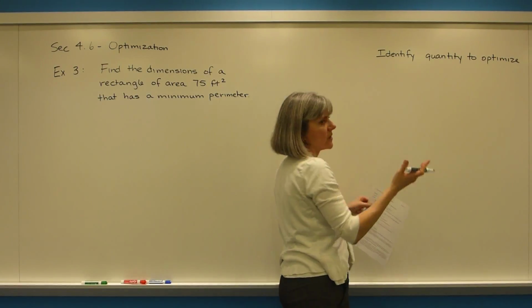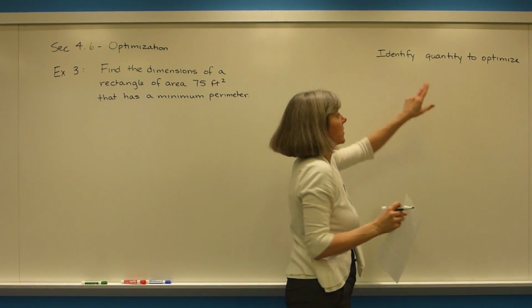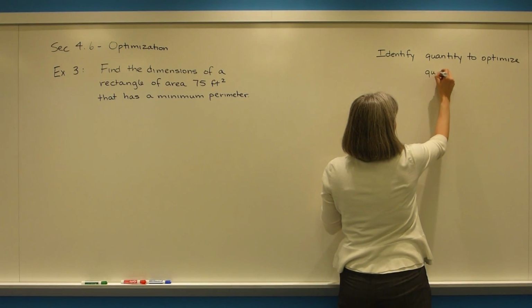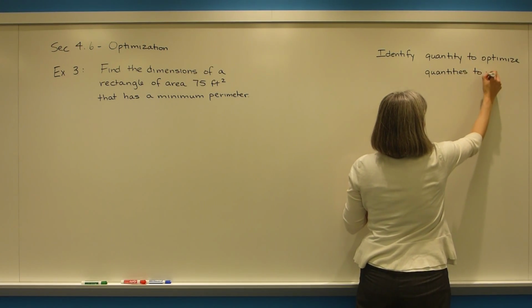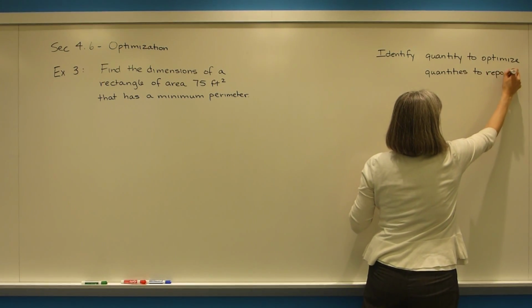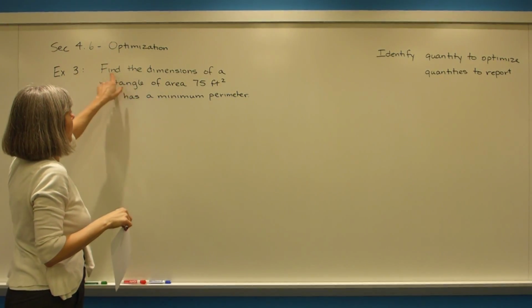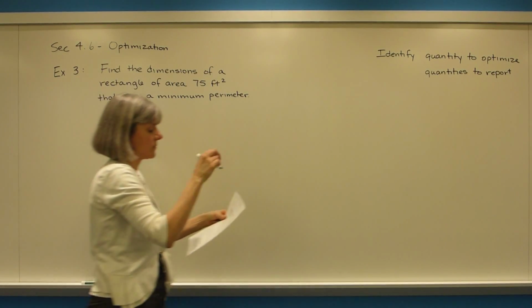And then write what you're trying to report. So there are two pieces here. You're going to identify the quantity to optimize, but then also separately what quantities you will report. Those are separate. Let's go back and look at our problem here. I want to minimize the perimeter, but what I want to know are the dimensions. So those are really two pieces.